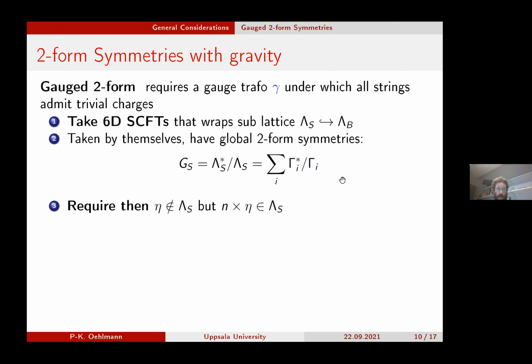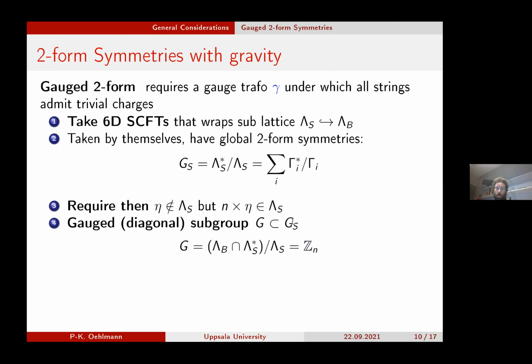So that essentially means that I'm requiring that the 2-cycles that the strings wrap cannot be in the string charge lattice of the SCFTs, lambda s, but only an n multiple of them can be. So geometrically, that means that I can find this generator, and the group I call G, precisely if the intersection of the dual of the string charge lattice in the base modulo the string charge lattice is in Zn. So that is precisely the condition that I'm having.